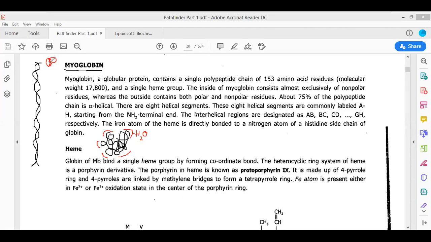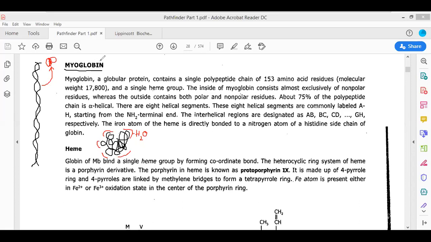This matrix is referred to as the extracellular matrix, and such proteins form a component of the extracellular matrix. In my previous lecture, I clearly explained that collagen is the most abundant extracellular protein present in vertebrates.